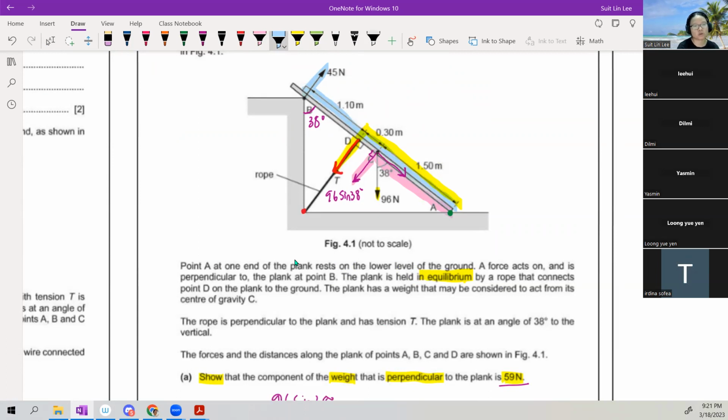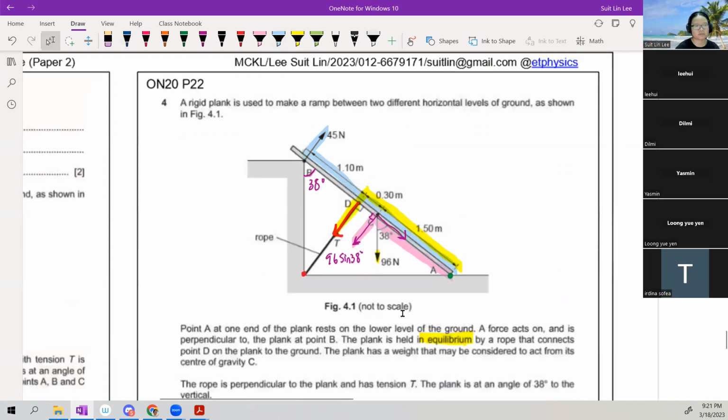So we have to figure out who is clockwise and who is anti-clockwise. If I start from the 45, it's going to cause this one to turn this way. So this is clockwise. The two anti-clockwise ones would be the tension in the rope T, and also the weight component, the 96 sine 38. So clockwise is equal to anti-clockwise. And we can just nicely put 45 multiplied by the entire length.